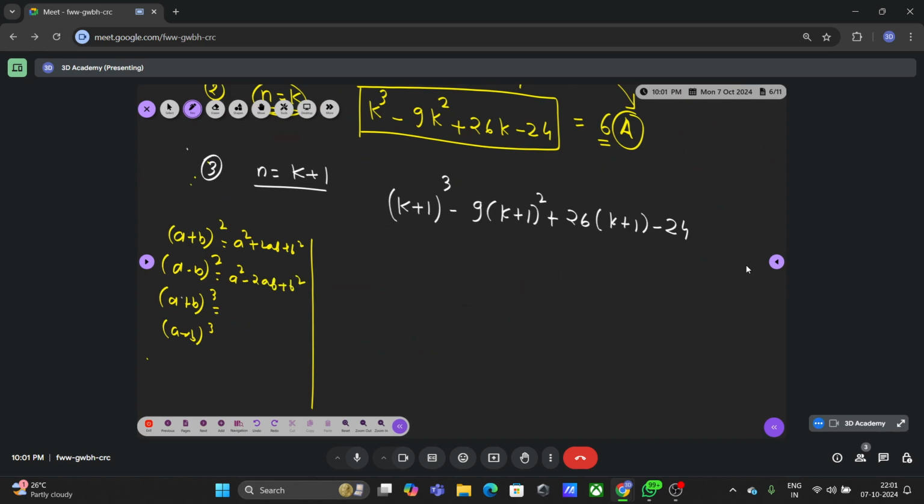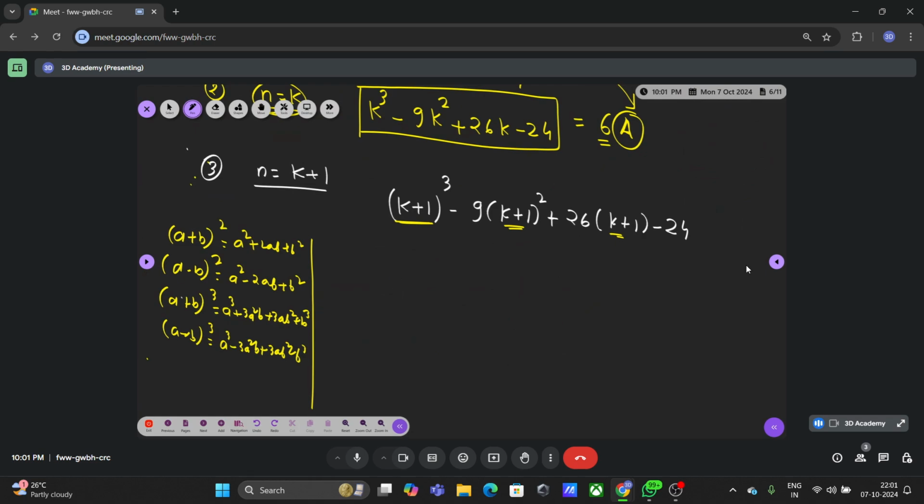A plus b cube is a cube plus 3a square b plus 3ab square plus b cube. A minus b whole cube is a cube minus 3a square b plus 3ab square minus b cube, right? These are some identities you need to remember because they will be constantly used in the questions.